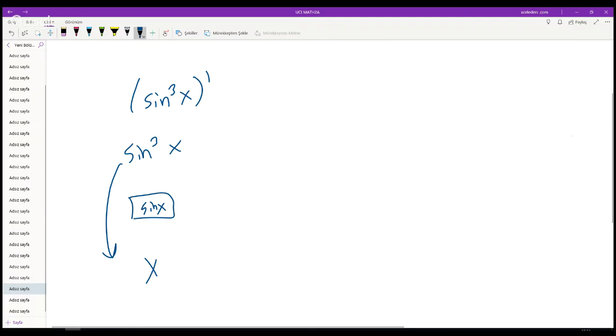First, the derivative of sine cubed x with respect to sine x, which is 3 sine squared x, times the derivative of sine x with respect to x, which is cosine x.